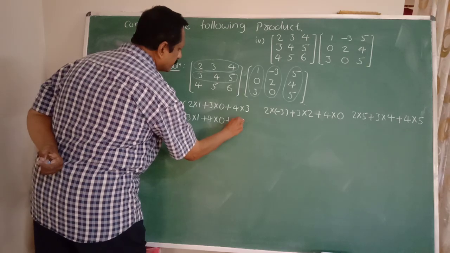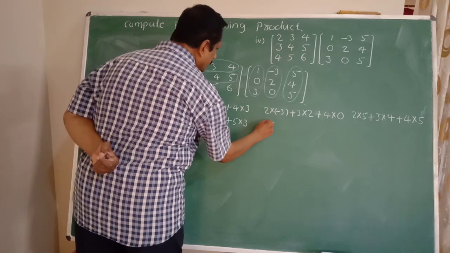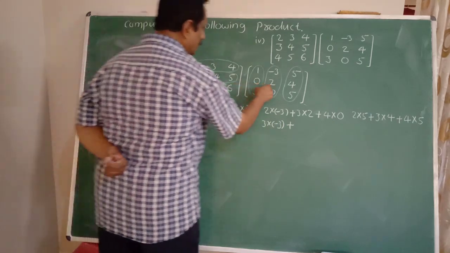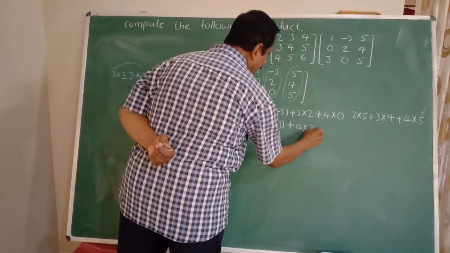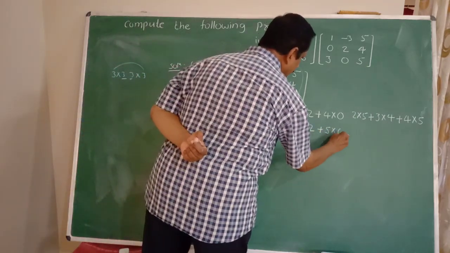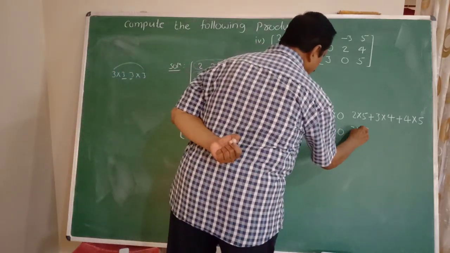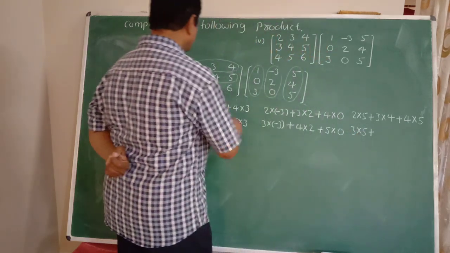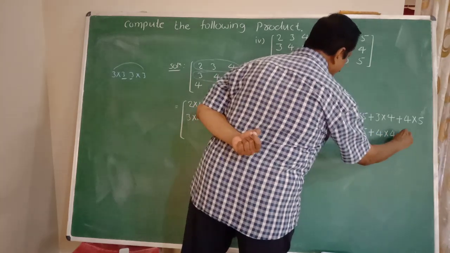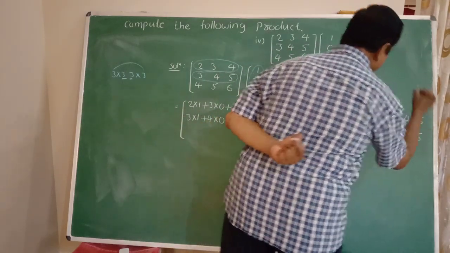Then 3 into minus 3 plus 4 into 2 plus 5 into 0. Then 3 into 5 plus 4 into 4 plus 5 into 5.